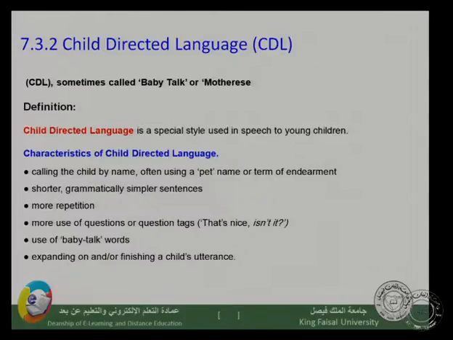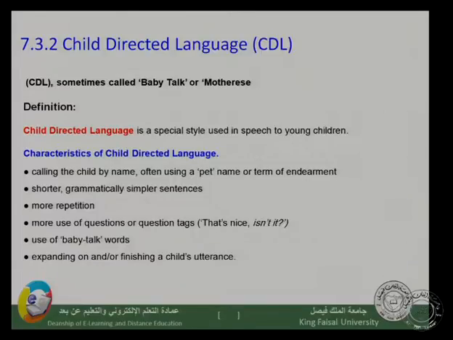Sometimes child-directed language is called baby talk, which refers to the talk that children under the age of 5 would speak, and sometimes the same term is called motherese, and this refers to the mother, because when you acquire your language, you acquire it from your mother, so it is the language used by the mother which is the basis of the language that you speak, and that's why we call it motherese.